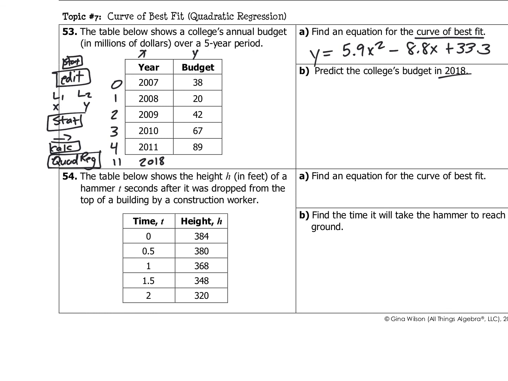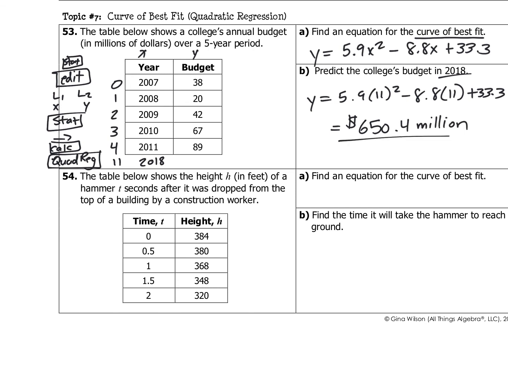And if that's my equation and I need to predict the college's budget in 2018, then I can substitute 11 in for x and solve for y. And when I did that, I got 650.4 million. So this is growing pretty fast. All right, so number 54 is going to be for you.